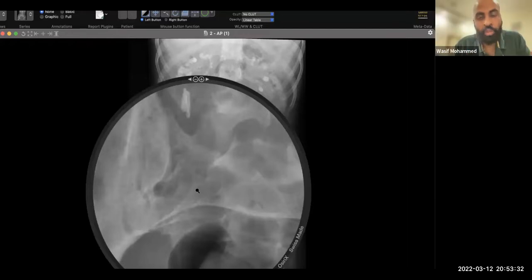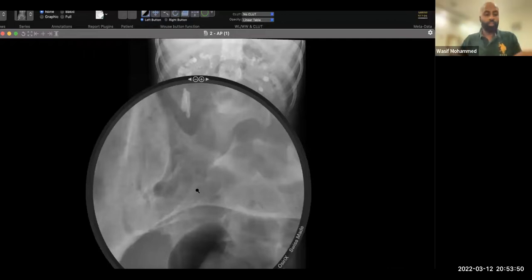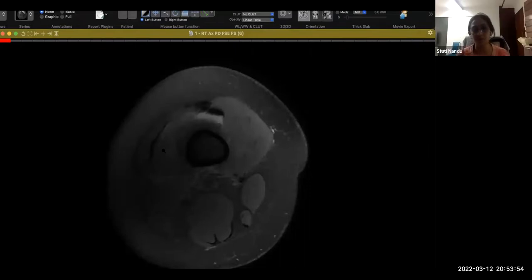What is your other differential for medullary nephrocalcinosis? So you said hyperparathyroidism, you said medullary sponge kidney, anything else? Some medications can cause nephrocalcinosis. Yeah, and acute tubular necrosis can also cause nephrocalcinosis.